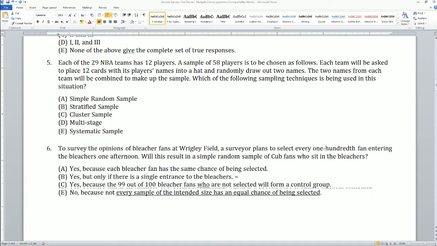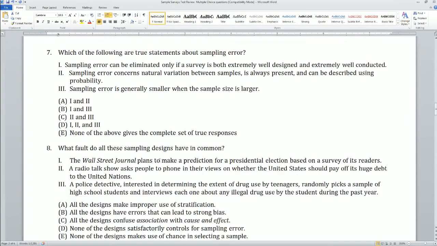So E. Correct. Because that is purely the definition of what SRS stands for. Equally chanced. Alright? Any other questions on that? No. Okay. Alright. So, 7?